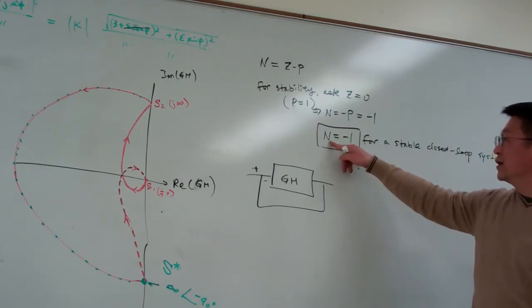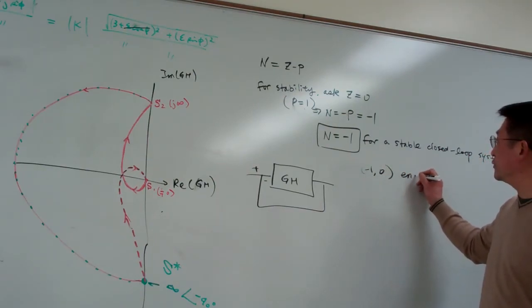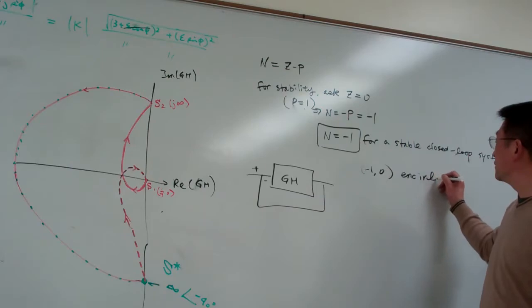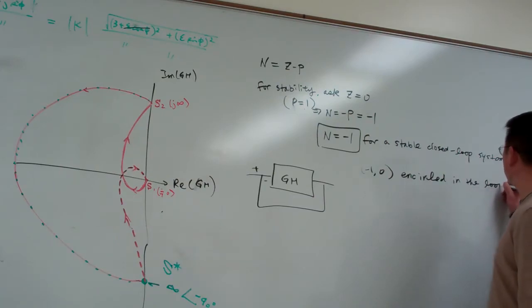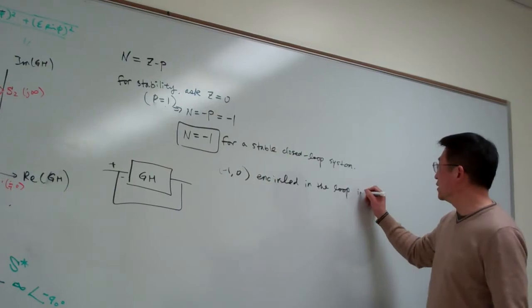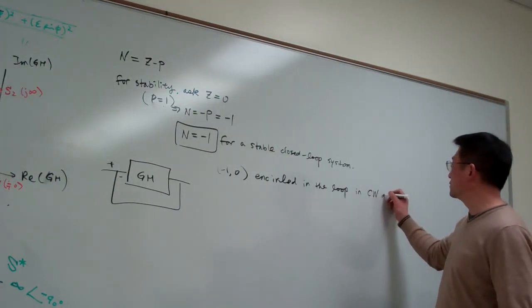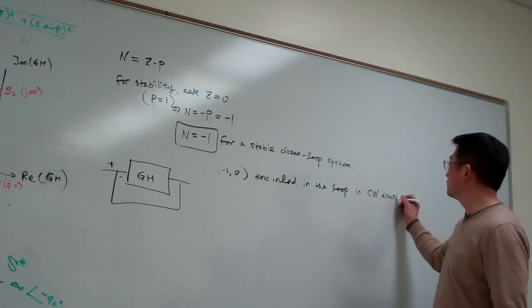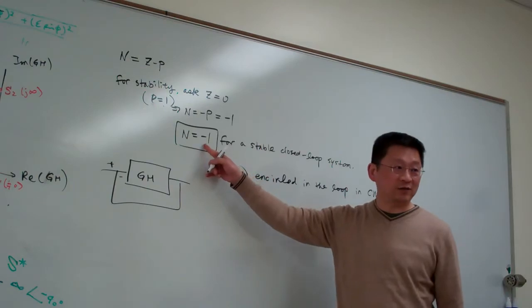That means the -1, 0 is enclosed or encircled in the loop, in the clockwise direction. Right, so that is the interpretation of this.